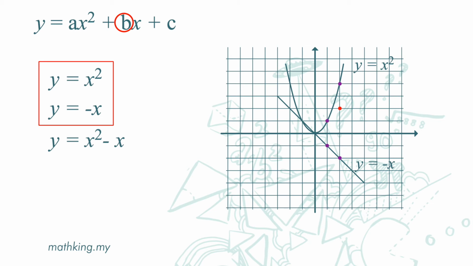Negative 1 plus 1 is 0. 0 plus 0 is 0. 1 plus 1 is 2. 2 plus 4 is 6. And we can see that the shape of the graph is unchanged, but the whole graph is moved to the right.